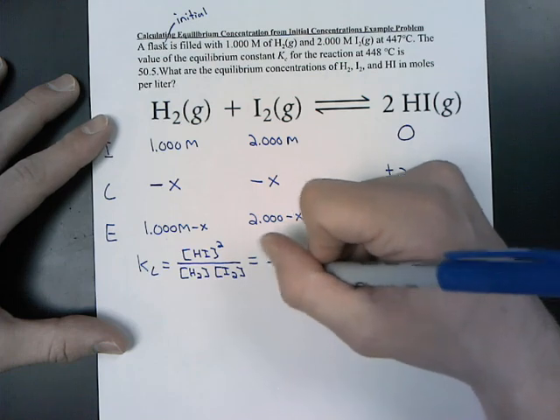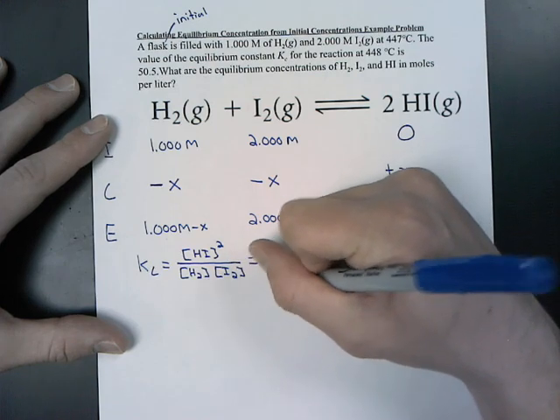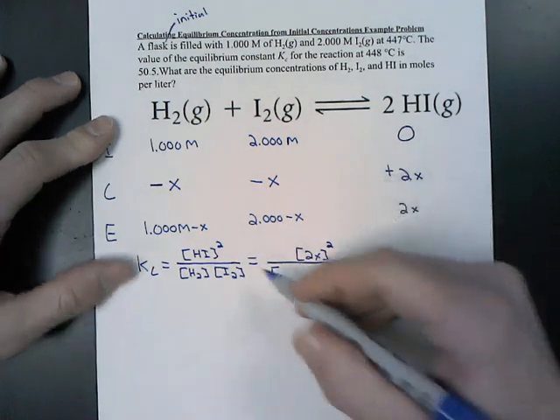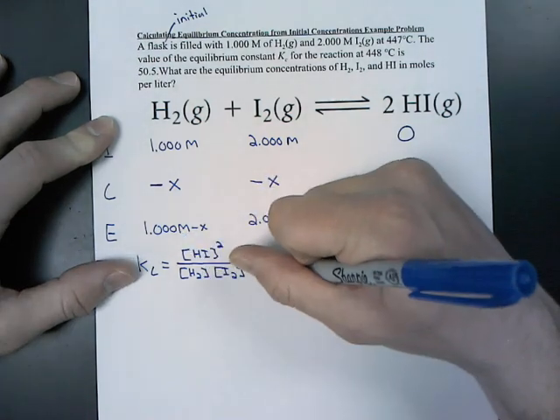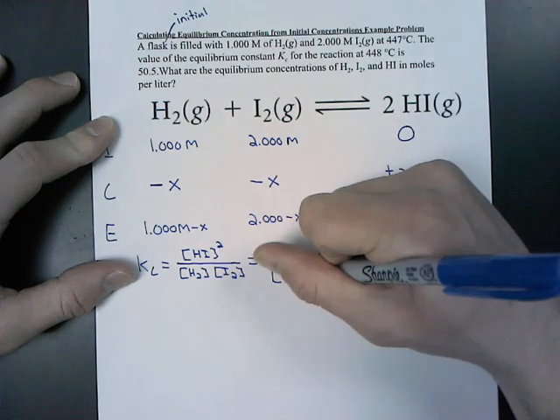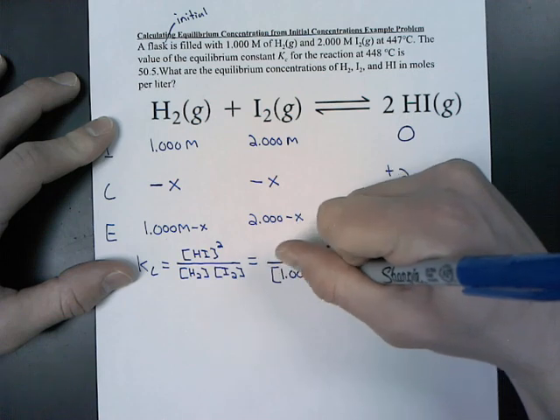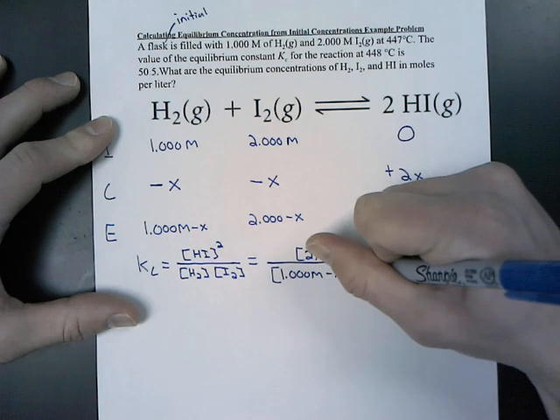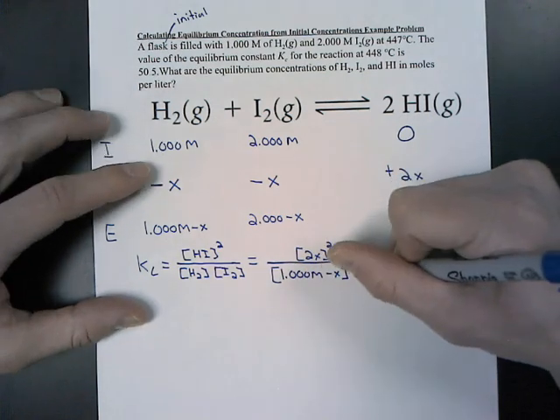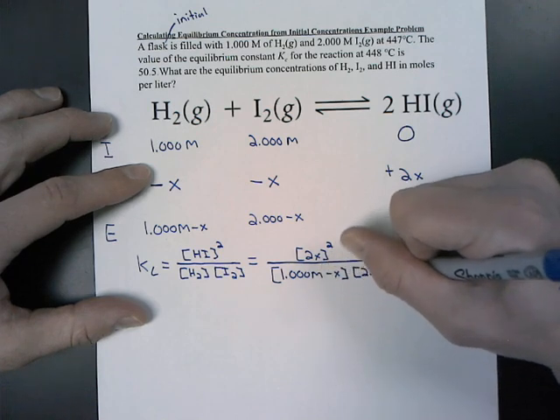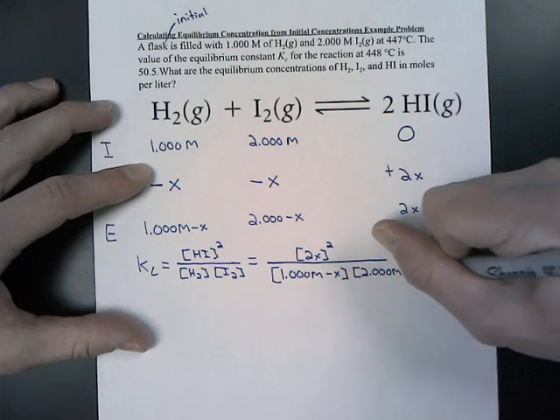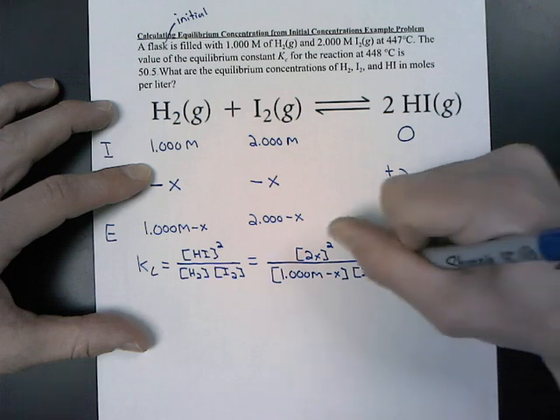Down below here, we have H2. Now H2 is 1 molar minus x times 2 molar minus x.